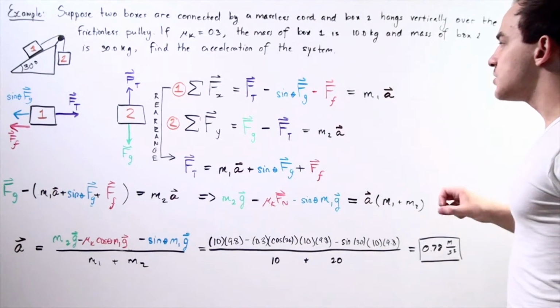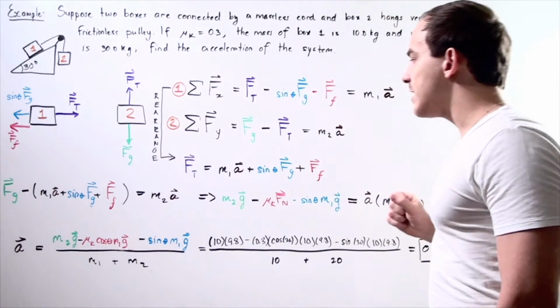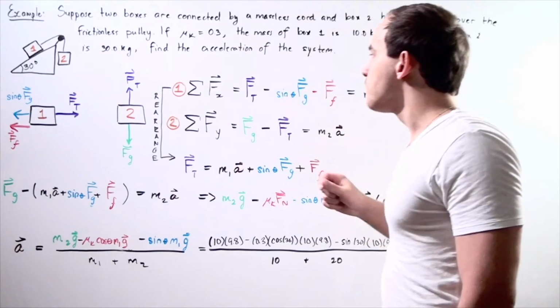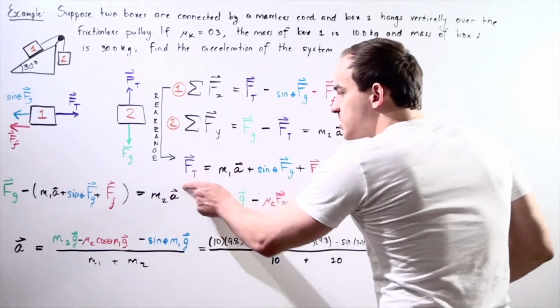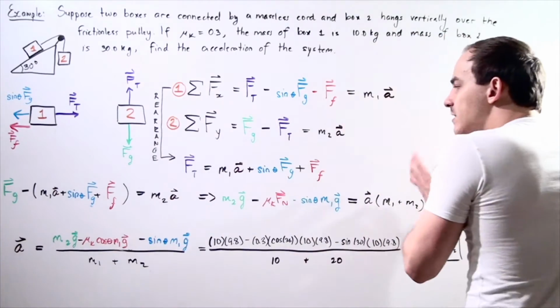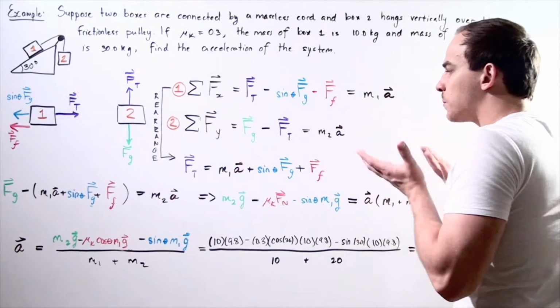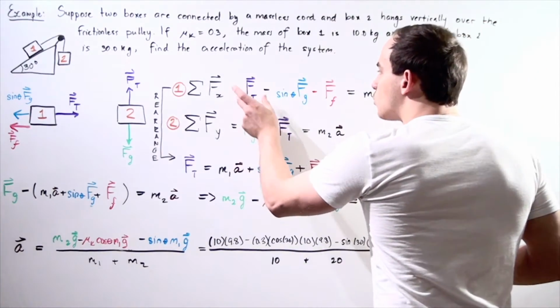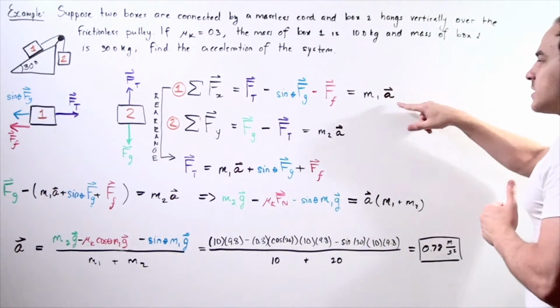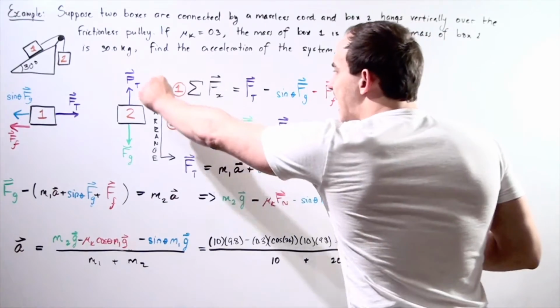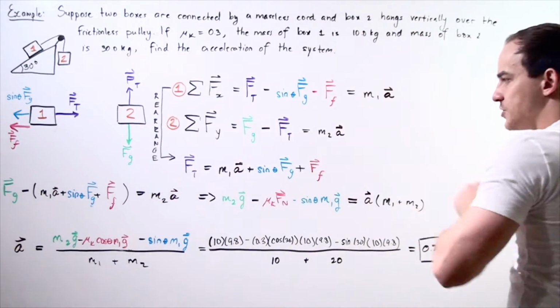So that means we must use one equation, so we'll take equation 1 and we will represent what we don't know, the force of tension, in terms of all the things we know and our acceleration. So we do exactly that in this equation here.